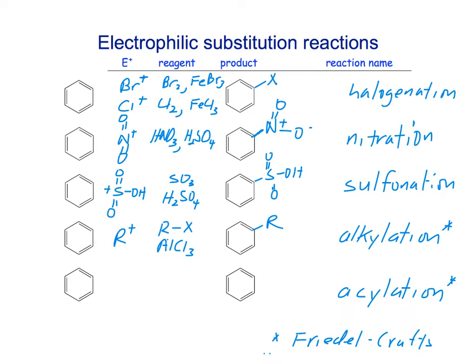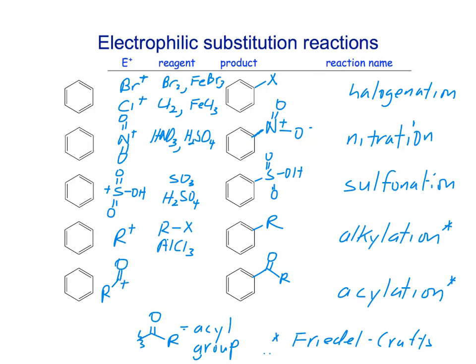For the acylation reaction, an acyl group, so if we look at this much right here, this is called an acyl group. Okay, and so that's what we're going to add on to this. So we essentially make a ketone in this case. Our reagent, you can draw it like this, is an acylium ion.